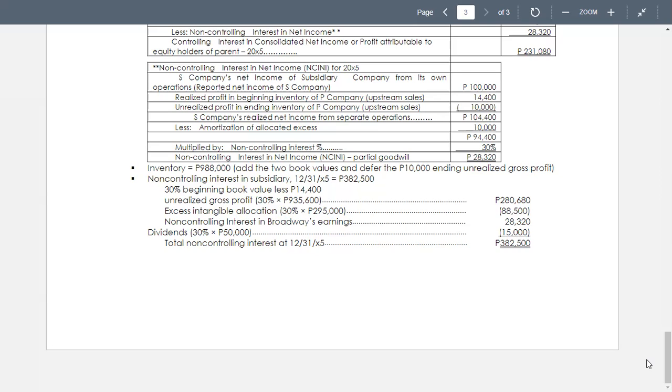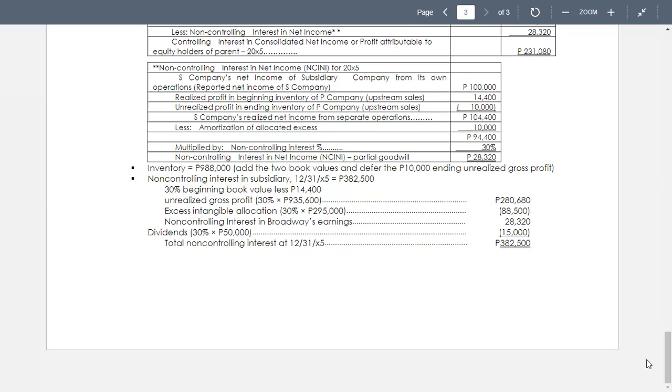Deduct the unrealized profit in ending inventory of P company, 57,000. So I'll repeat. Net income of S company from own operations, 1.5 million. We add 66,000, the realized profit in beginning inventory of P. And we deduct 57,000, the unrealized profit in ending inventory of P company from an upstream sale.